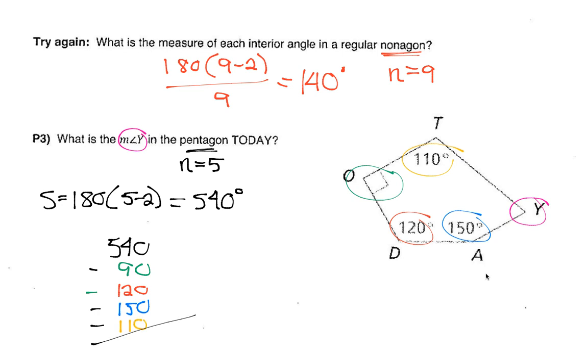And that's going to give me 70. So the measure of angle y equals 70 degrees.